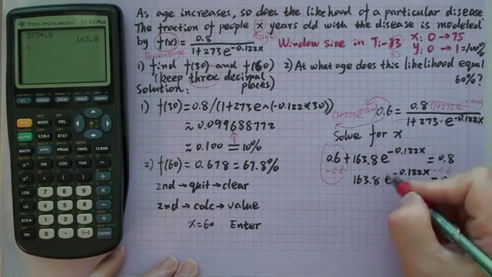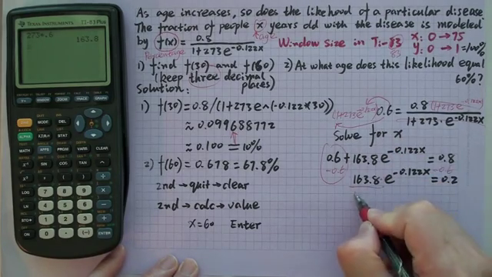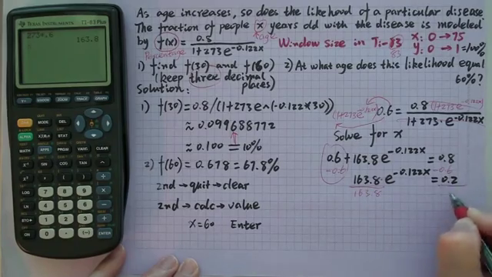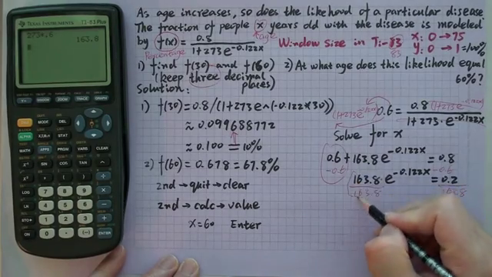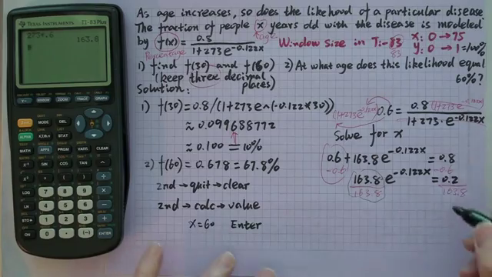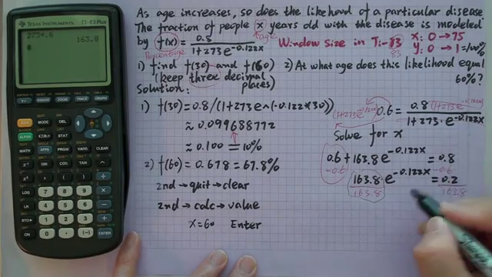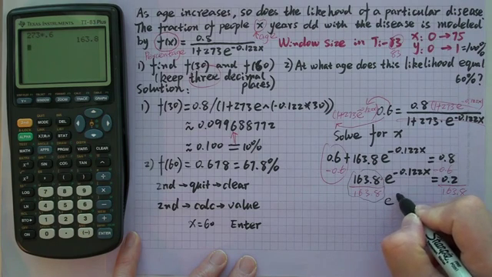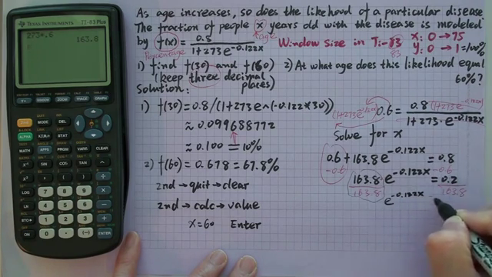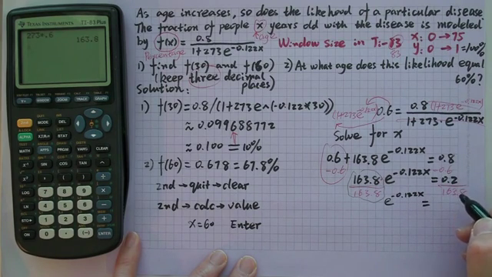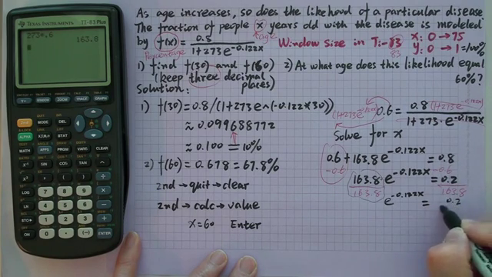And then both sides divided by 163.8. You then cancel this one. So on the left, you get e to the negative 0.122x equals 0.2 divided by 163.8.